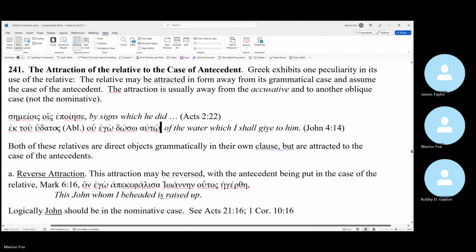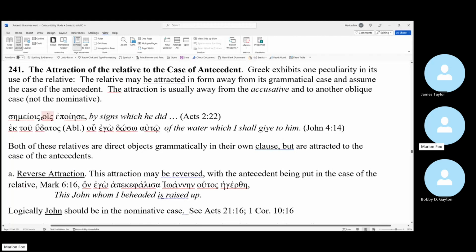Now, take the phrase "by signs." That's dative case, and there's a word for signs, by signs, which he did.